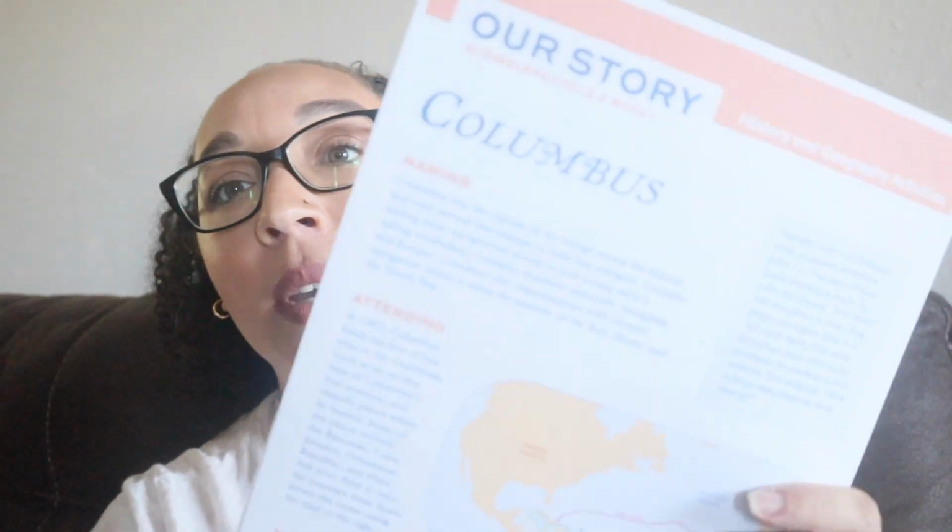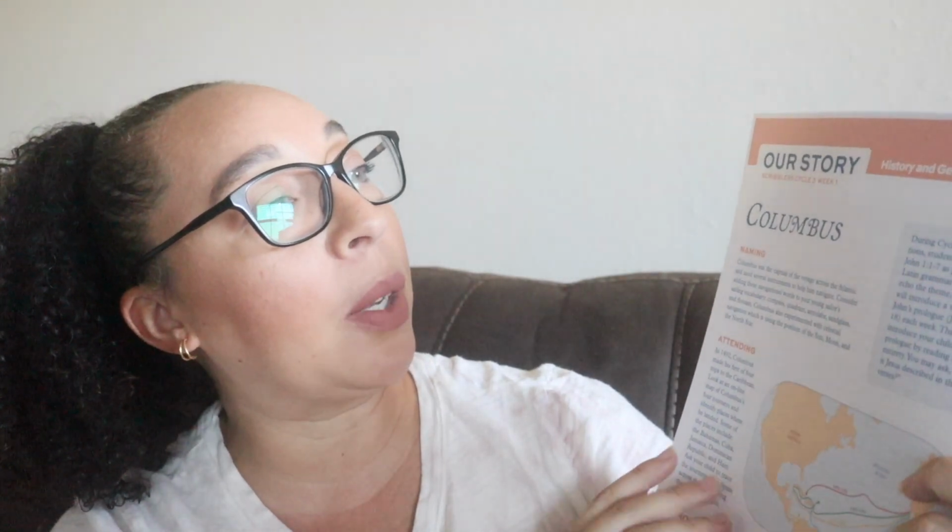So this is what the first week would look like. It's Our Story Scribblers Cycle 3 Week 1, and it's history and geography activities, and it goes through the 5 common topics with you and discussing that with your kiddos.